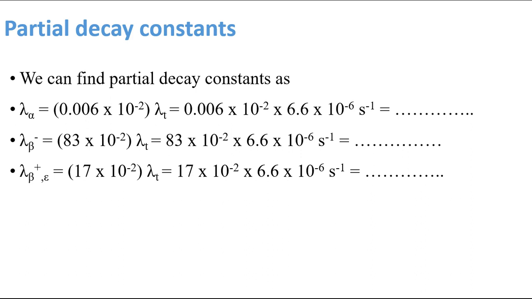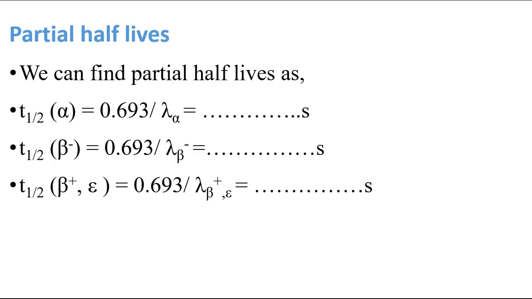Similarly, the partial decay constant for beta plus and EC can be calculated by multiplying lambda t with its occurrence probability, and you can do it by yourself. It's very easy. After this we can find the partial half-lives of alpha, beta minus, and beta plus and EC in the actinium sample by using the formulas shown on the screen.